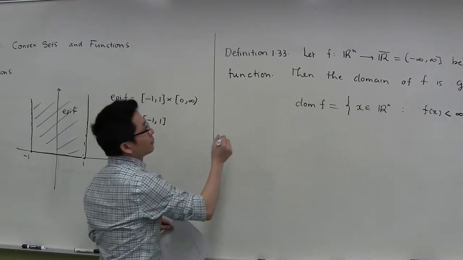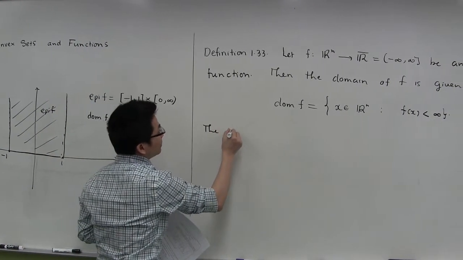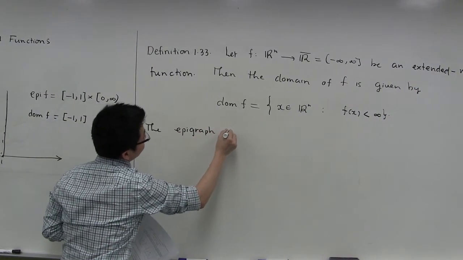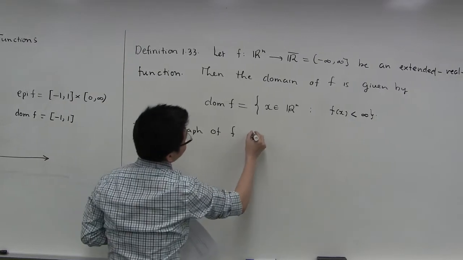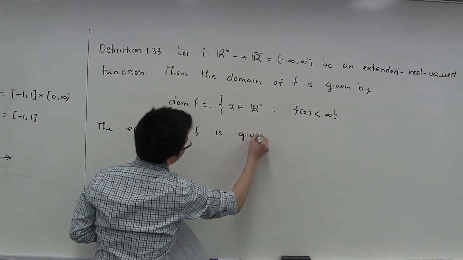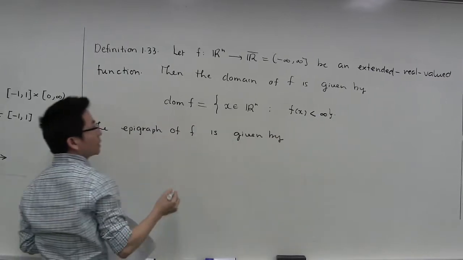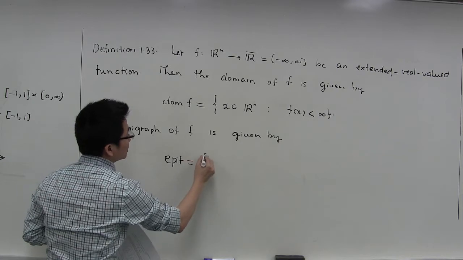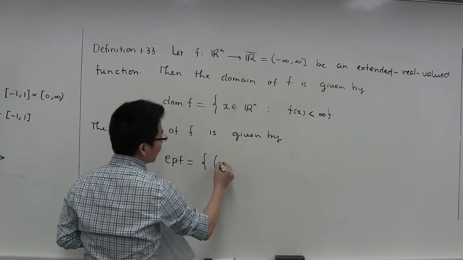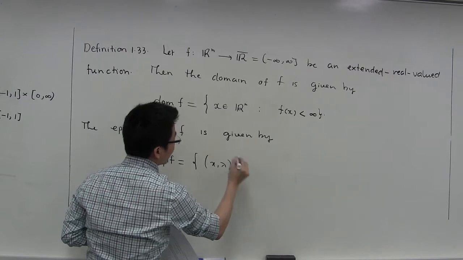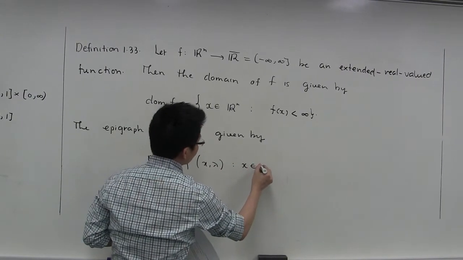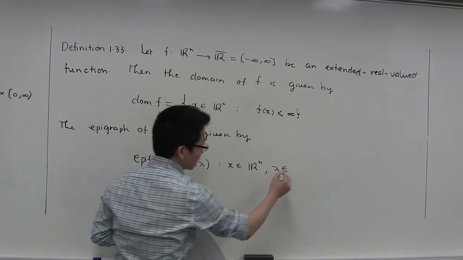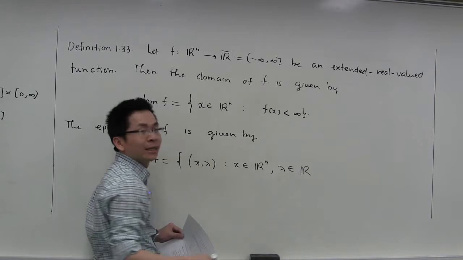Okay, and the epigraph of f, epi of f, contains all ordered pairs x, lambda where x is in Rn, lambda is in R. Note that here lambda is a real number.